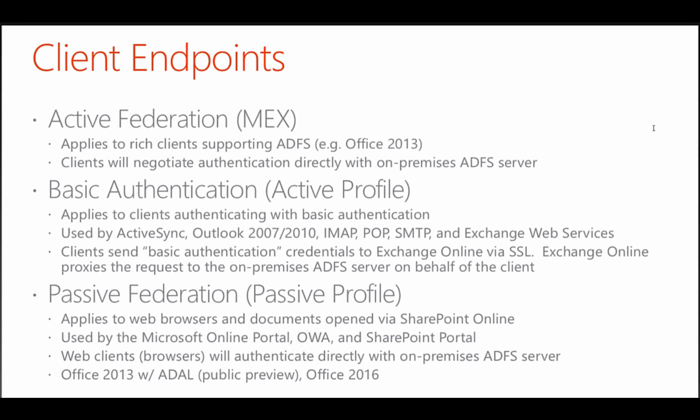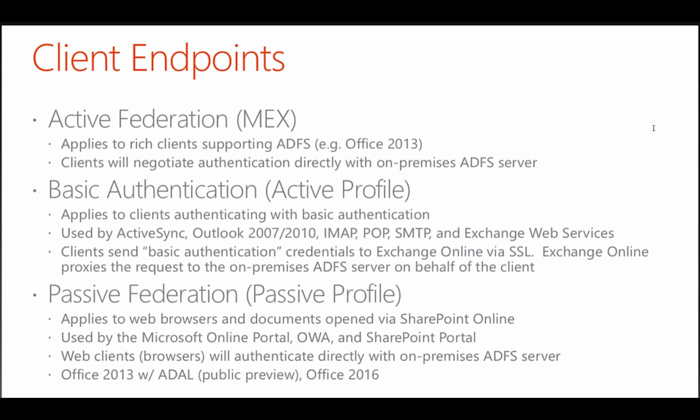Basic authentication, or what we would call an active profile, applies to clients authenticating with basic authentication. So think ActiveSync, Outlook Anywhere with Outlook 2007-2010, IMAP POP, some SMTP relay services such as printer scanners, and Exchange Web Services. This differs slightly because in the example of Exchange Online, a user will try to authenticate to Office 365.